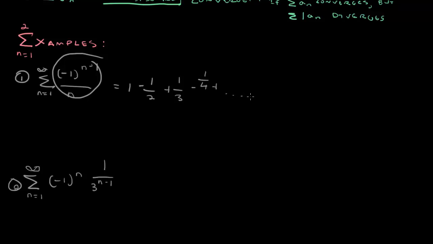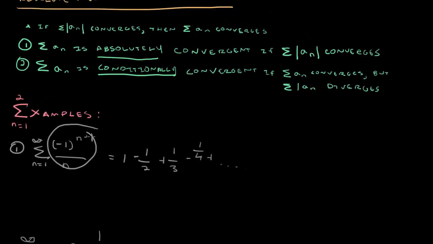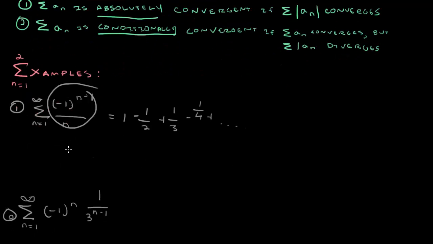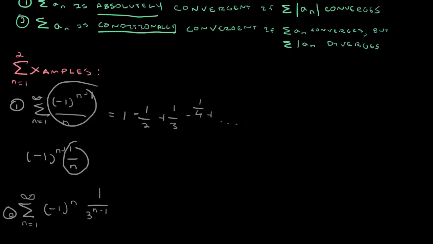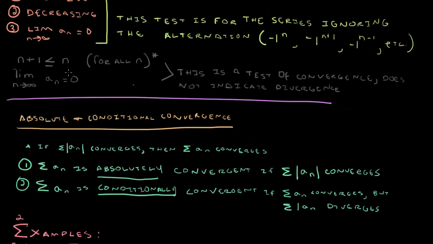Pretty straightforward. You can see that if you ignore the alternation, the series is simply 1 over n times negative 1 to the n minus 1. So we're looking at 1 over n when doing these three rules.